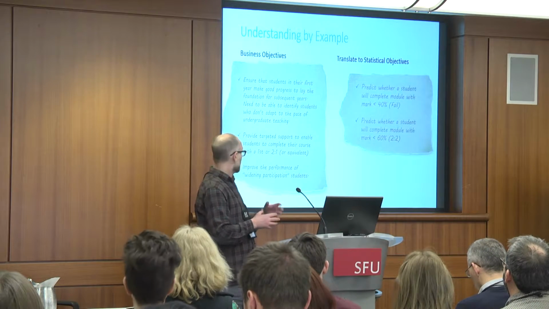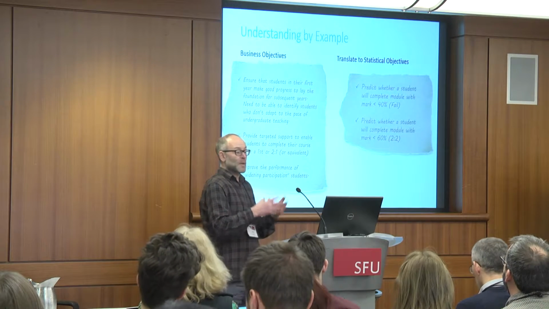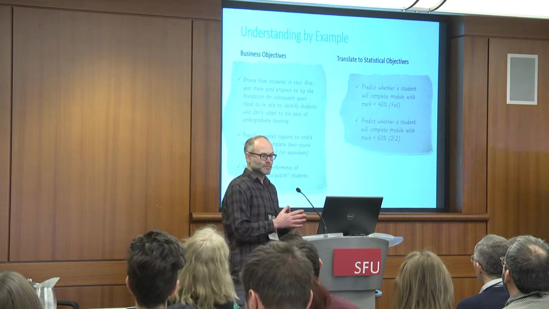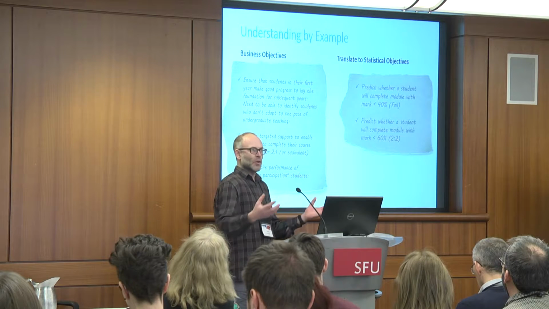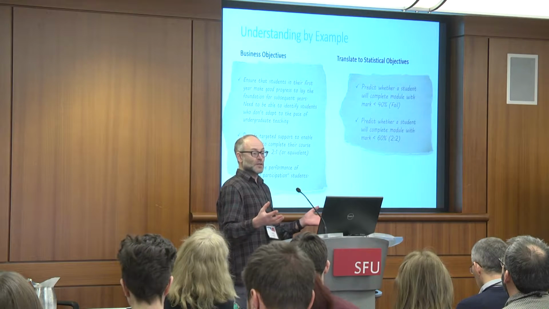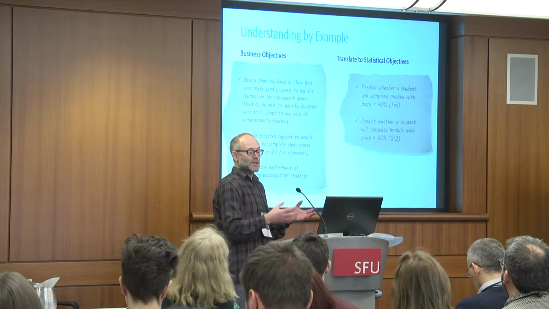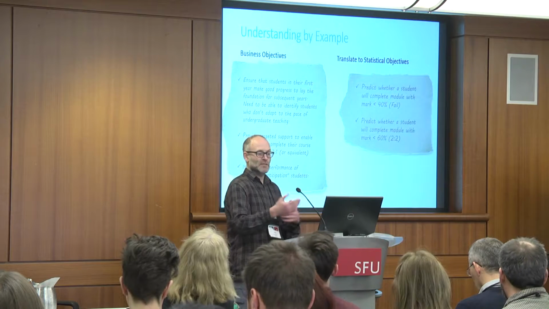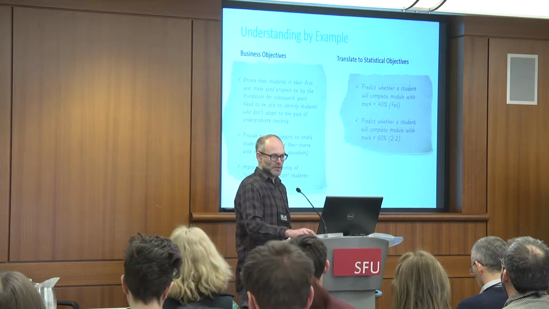We might have one lower down which is more about attainment, or we might have one which is focused on a particular subset of groups, the widening participation students. And then we'll talk about translating these into, okay, so these are your fairly broad sets of aims that you're trying to change the way things happen in your institution. How we're actually going to be concrete about these things. So we'll try and translate those to objectives that we can use statistically, but which also make sense in terms of internal process.